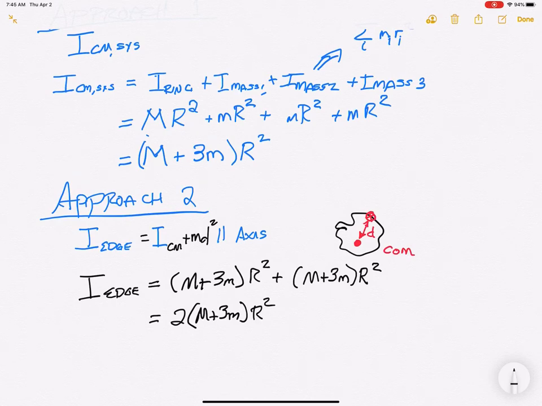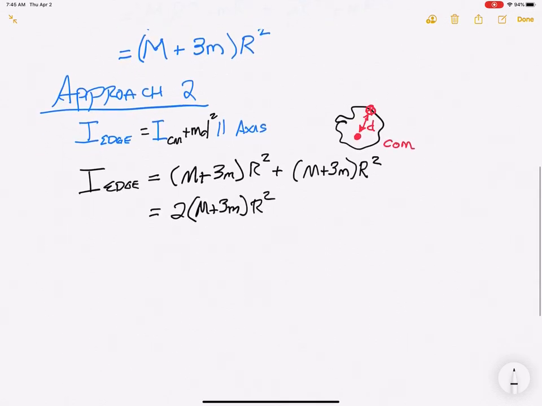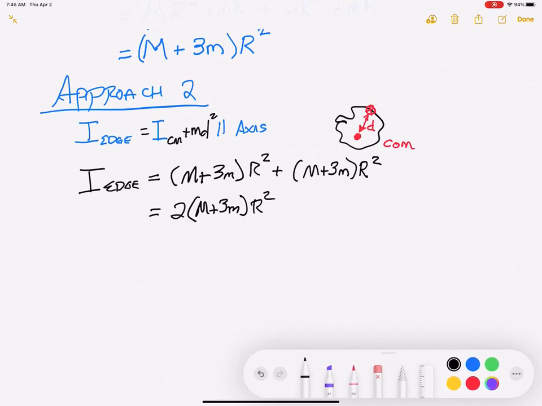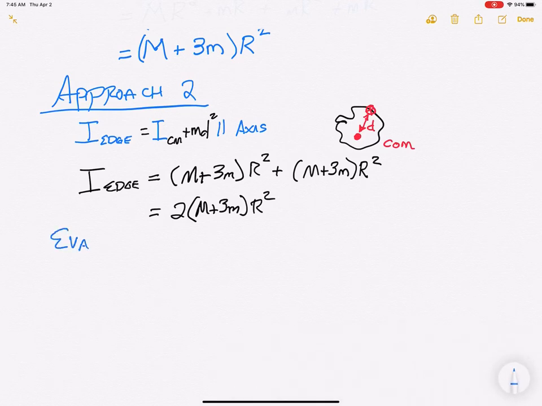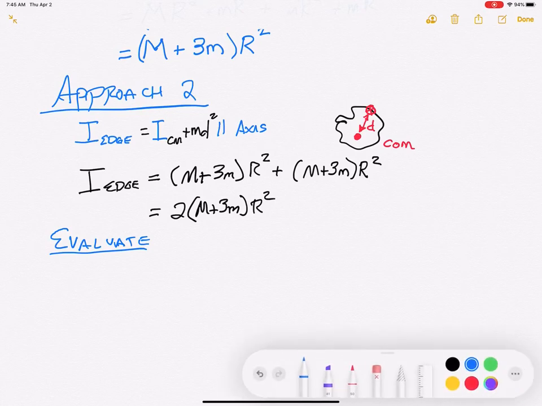Let's do a quick evaluate. We can evaluate our solution by plugging in numbers.